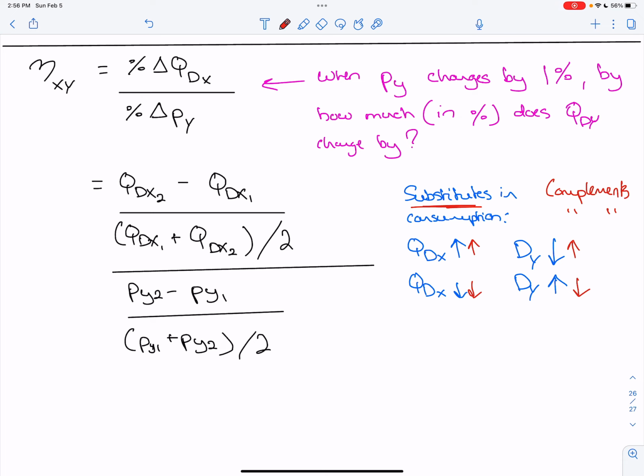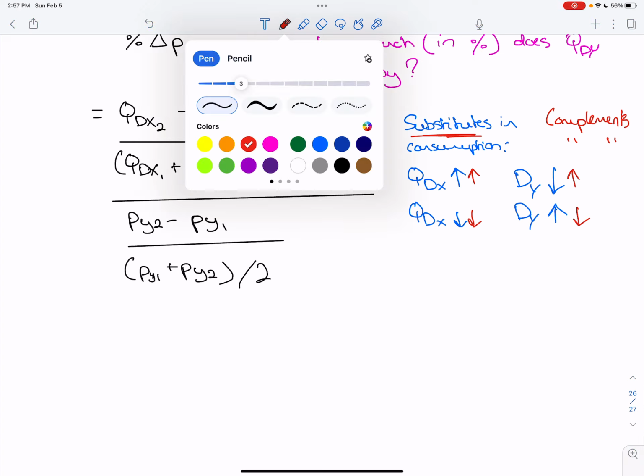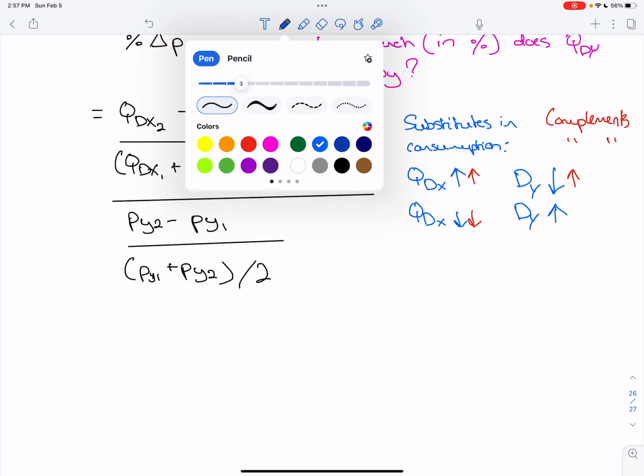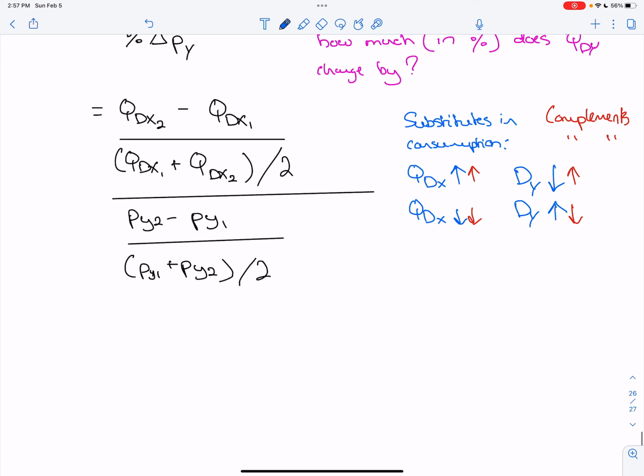So let's remind ourselves what that is. For substitutes, let's keep the same color theme going: substitutes will be in blue, complements will be in red. Let's stick with the substitutes. If X and Y are substitutes, and again, this is all covered in a previous video, when the price of X goes down, resulting in an increase in the quantity demanded of X, then because they're substitutes, demand for Y will go down.